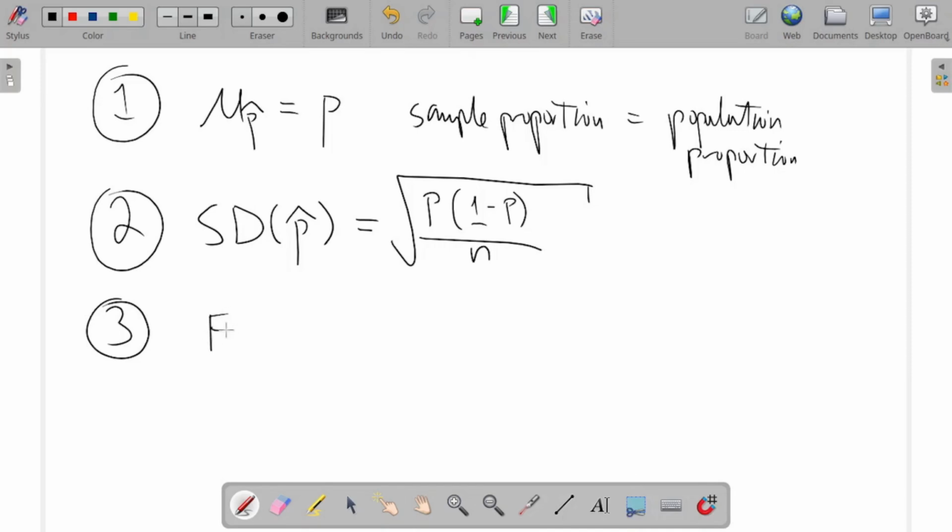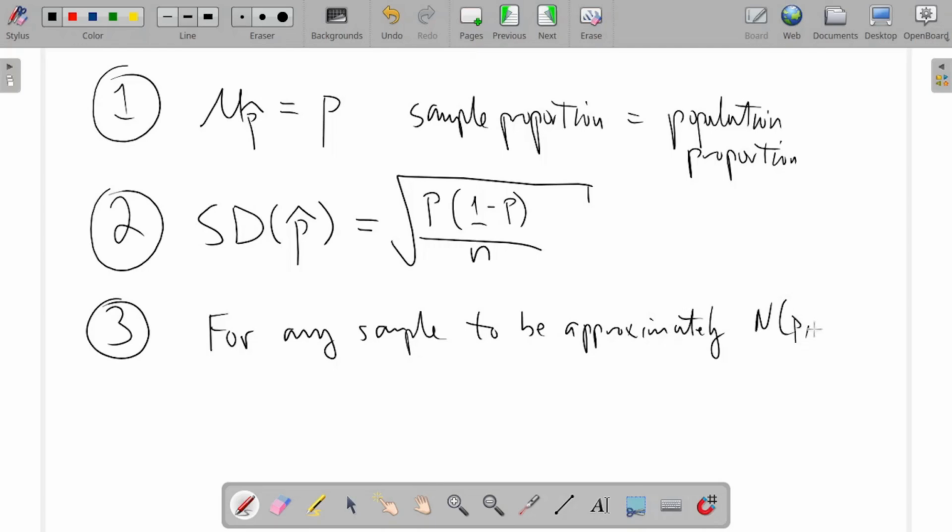So let's write this out as for any sample to be approximately normally distributed. I'm going to use the shorthand notation for that, where here we have p and the square root of p, 1 minus p over n. So again, this is center, this is spread.